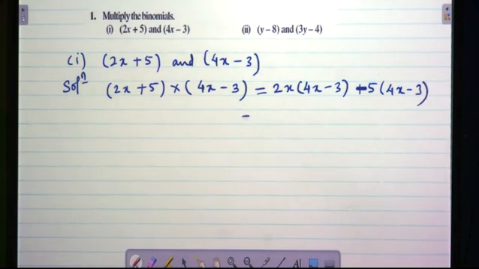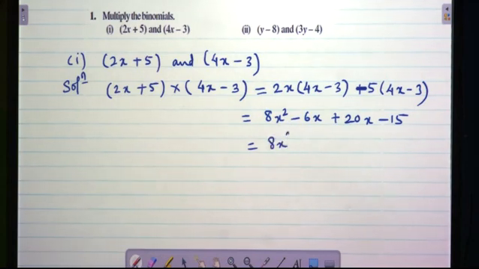So this becomes 8x square minus 6x plus 20x minus 15. Like terms are minus 6x plus 20x, means 20 minus 6 is 14x, minus 15. This is the first sum that we have solved.